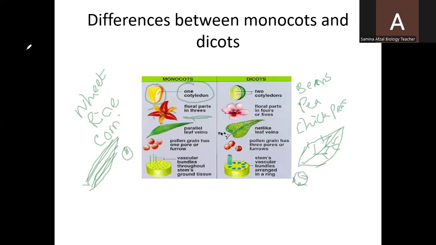And vascular bundles throughout the stem: they are randomly scattered in monocots, whereas in dicots, they are present in a circle. So in this way, I would like to say the difference between monocots and dicots.